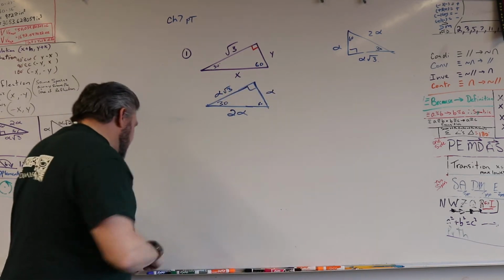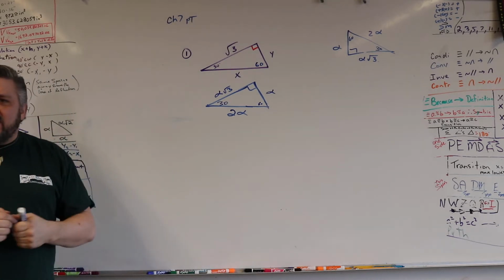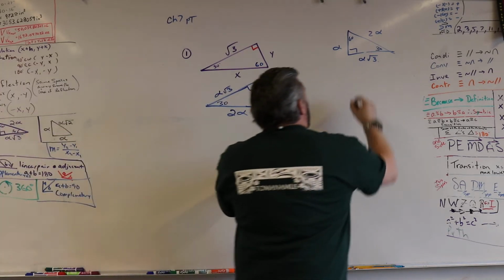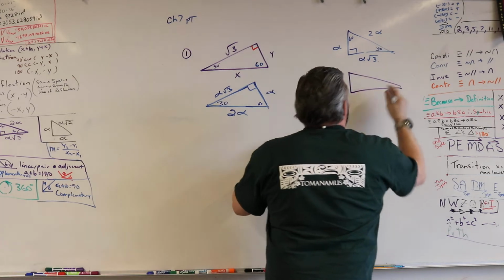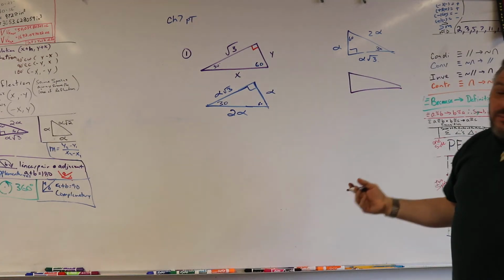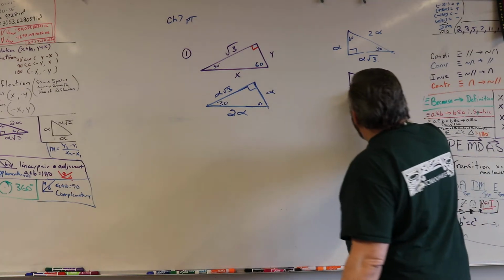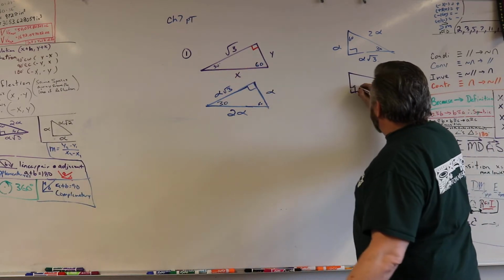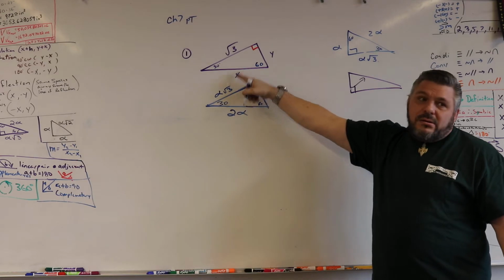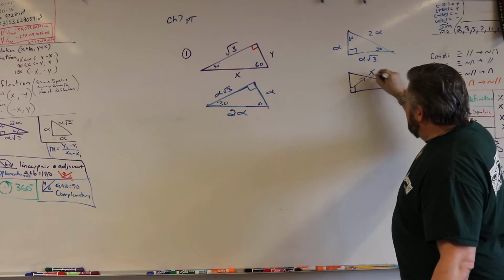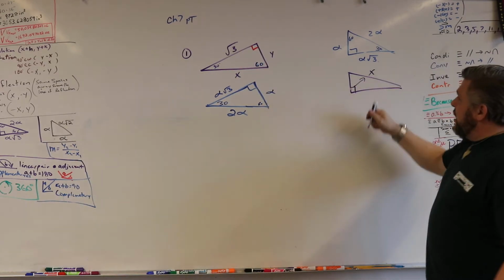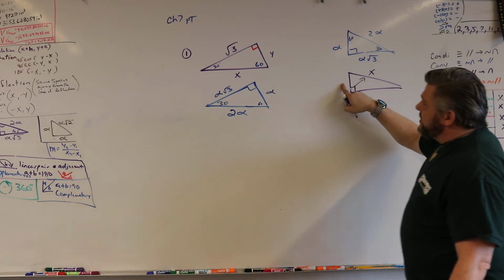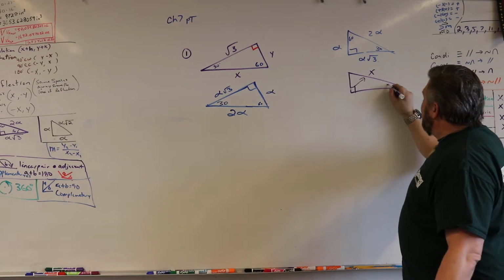Now some of you might say, hey, I don't like to do it that way. I want to do it this way. That's okay also. Right? So, you know this is 90. On this one, what's across from 90? X. Okay? And then, what's on this short side? What's across from 30?